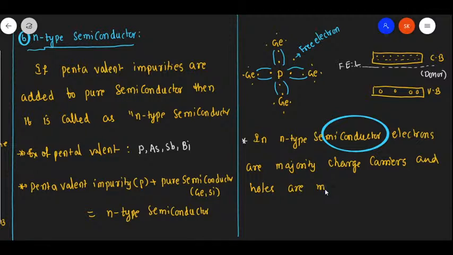This means the electron density is very much more than the hole density.